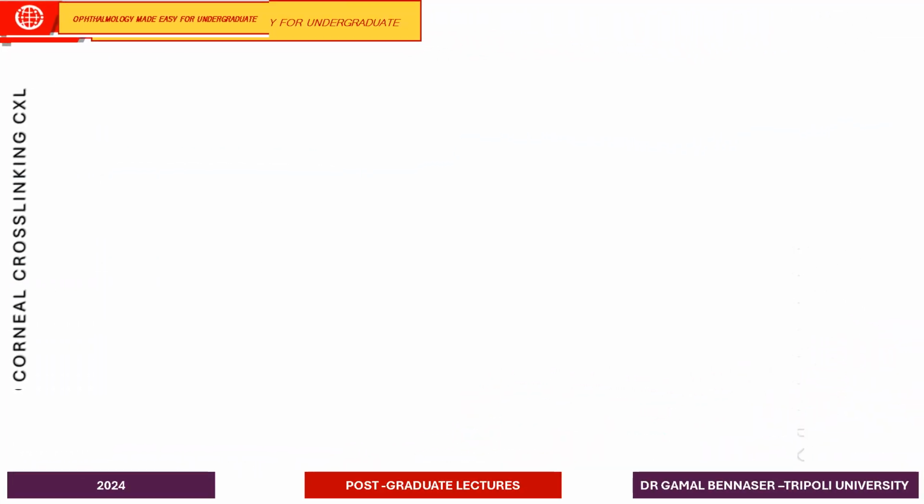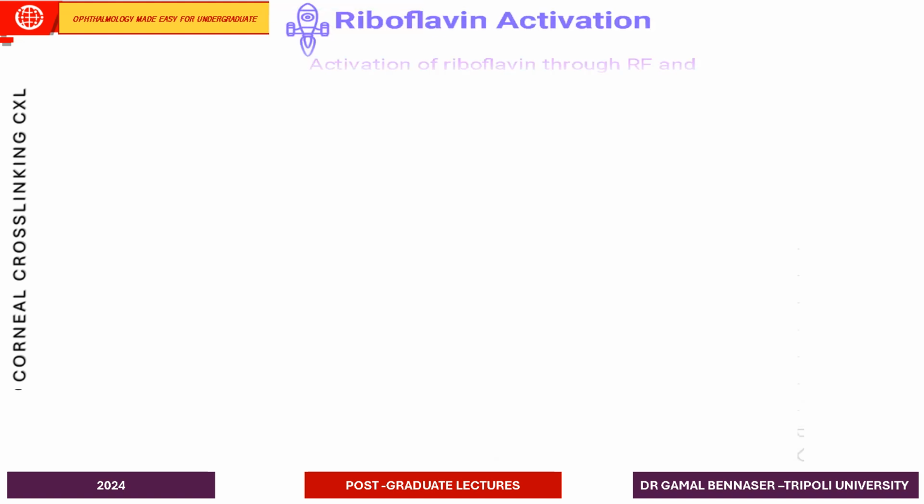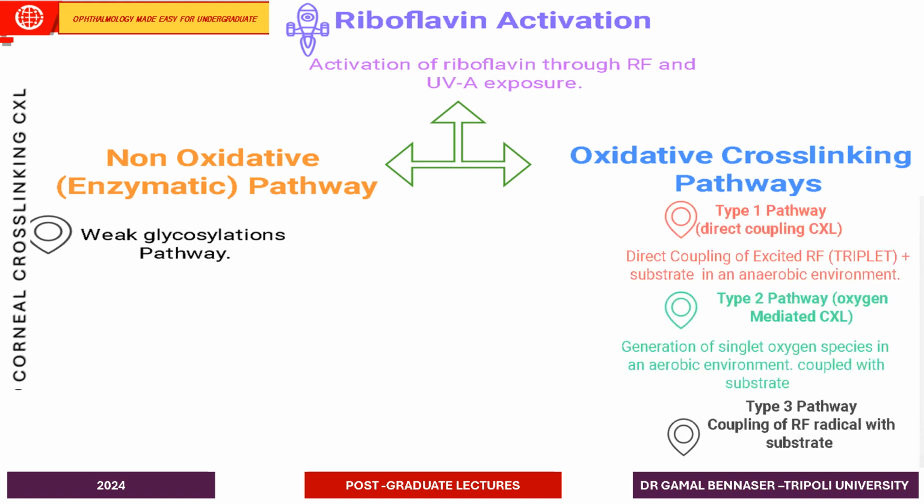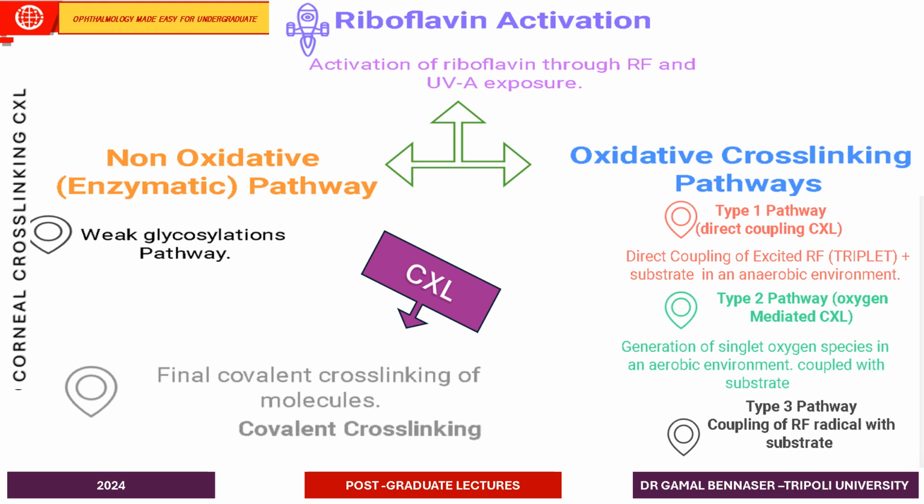Now, if we speak in detail about the mechanism of cross-linking of the collagen fibers upon impregnation of the cornea with riboflavin, the photosensitizer, which is then stimulated by ultraviolet rays, a set of reactions happens inside the cornea that finally ends up with the formation of a strong, stiff cornea, with an increase in the Young's elastic modulus.